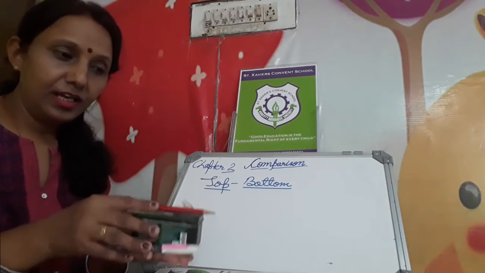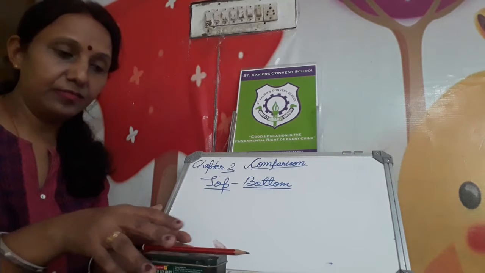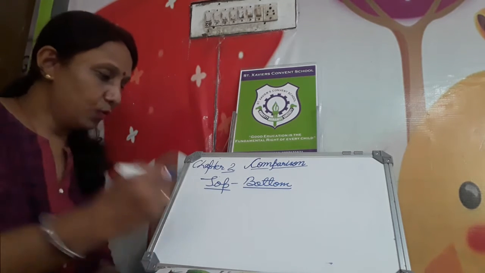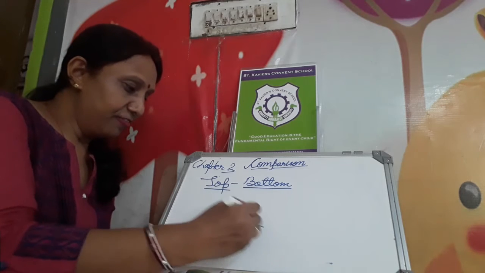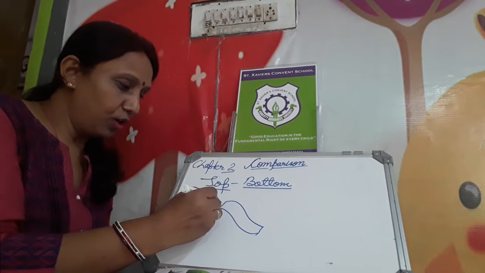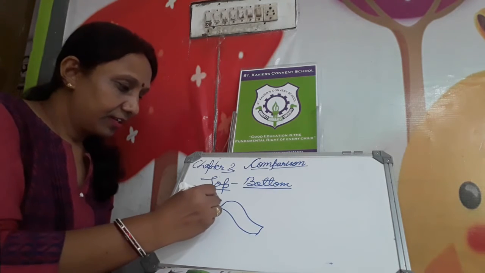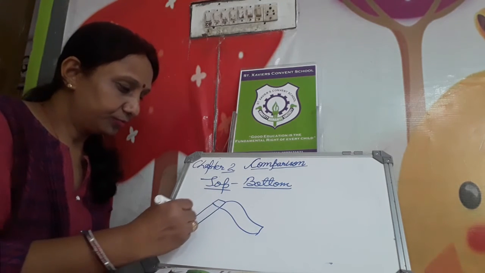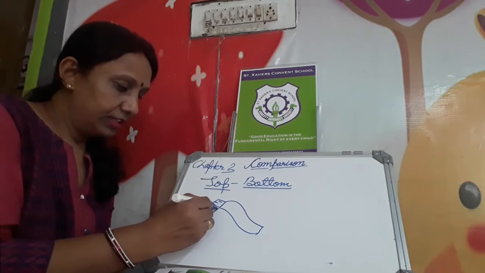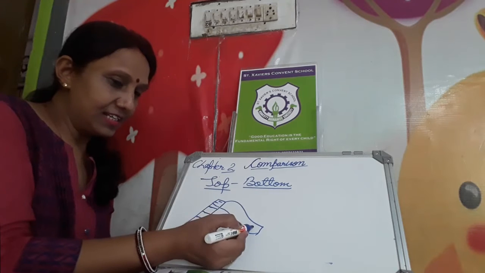Here I'll show you the picture of a slide. You love playing on slides in the school also, right? Here you see these are the stairs and the slide is here.